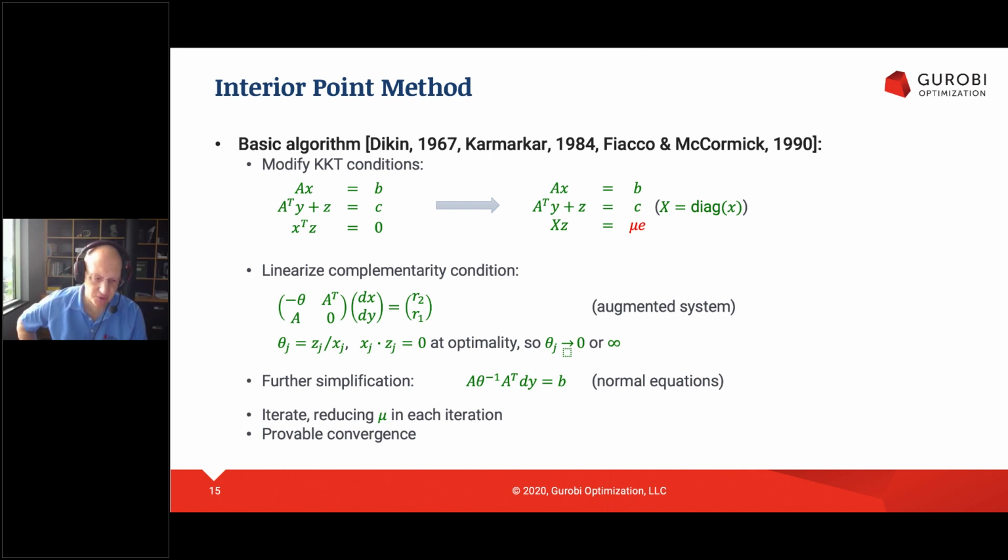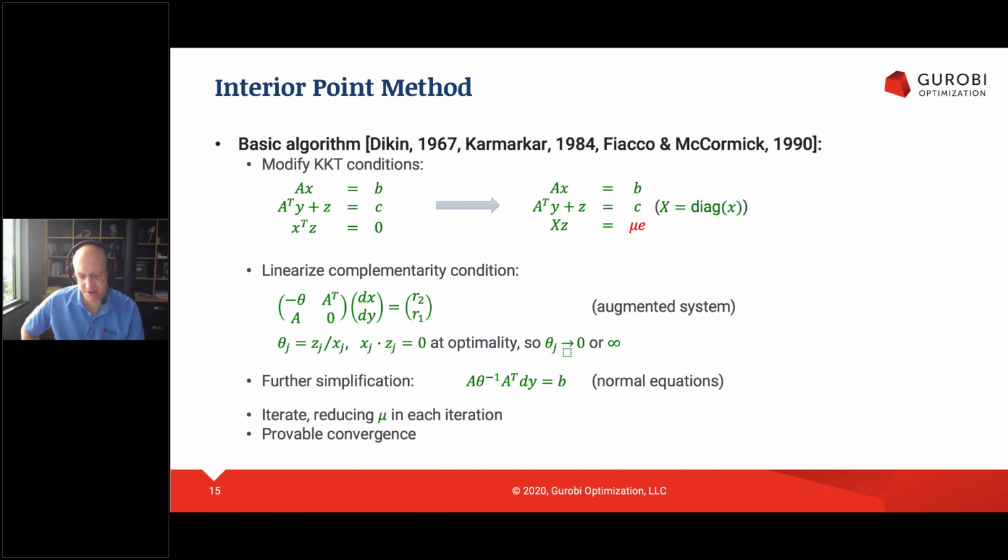From a computational point of view, from a linear algebra point of view, what you do is you take this system of nonlinear equations, you linearize it, essentially Newton's method. You do a bit of linear algebra, you wind up with the following. At each iteration, you need to solve a linear system: A theta inverse A transpose dy equals B. So A is your original constraint matrix, B is your original right-hand side, and dy is the direction vector in the dual variables, the step in the dual variables.